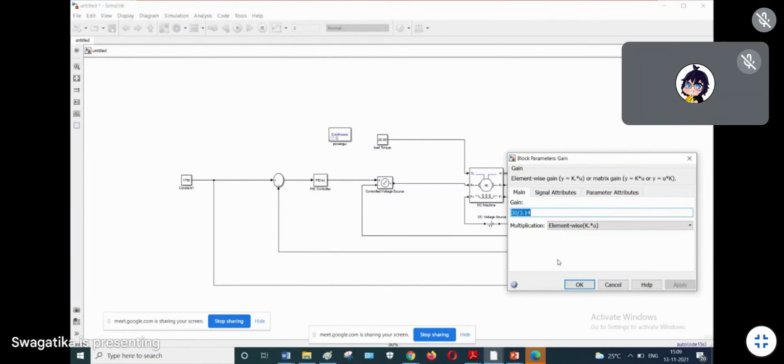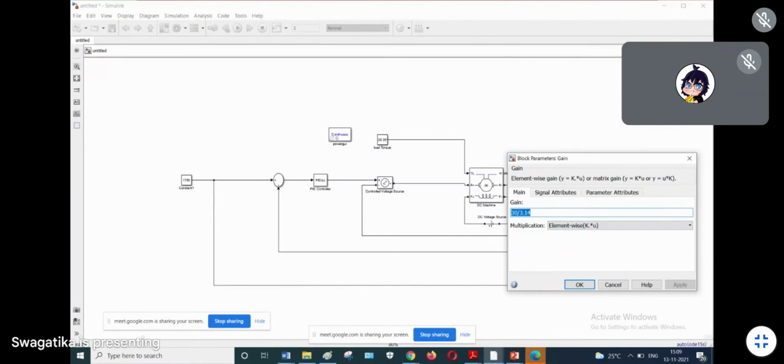Why? Can anyone tell me why I have taken 30 divided by pi? Omega equals 2 pi n divided by 60, right? If I go for calculating the RPM, n, that will be omega into 60 divided by 2 pi.